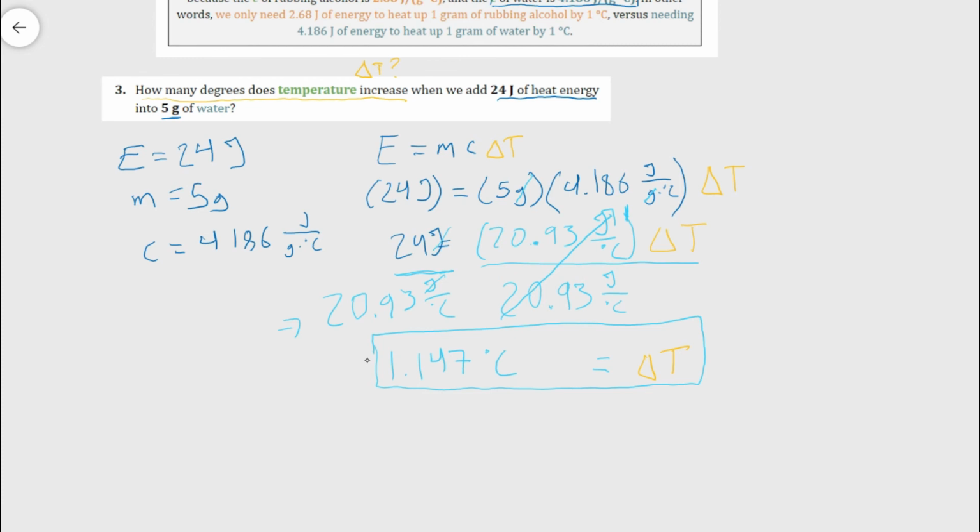We know that after adding 24 joules of heat energy, you can think of this as a little fire with that amount of energy, into 5 grams of water, will increase that water by 1.147 degrees Celsius. You measure at the beginning, before heating, and you measure it after heating. That should be the temperature increase of those 5 grams of water.